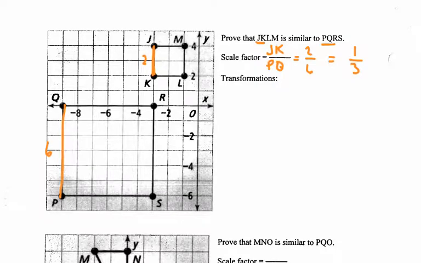So the first thing I'm going to do is dilate PQRS by a scale factor of 1/3. And let's see what that results in. So I need to take this point Q, which has the coordinates -9, 0, and multiply by 1/3.